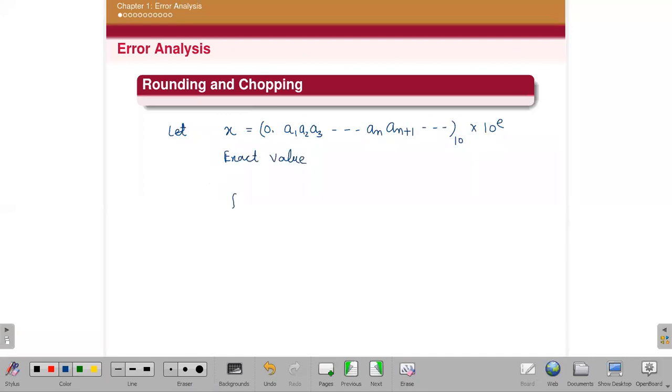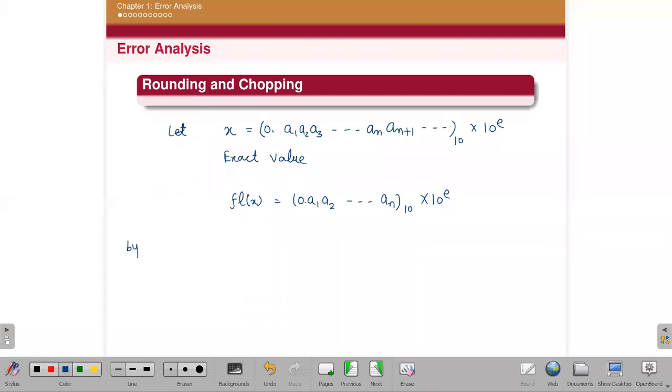Now if I write FL of x, it means writing this number as a finite sequence of digits, so it will be 0.a1 a2 up to an, taking n digits only, to the base 10 into 10 raised to power e. But now we have two ways to take these finite digits, either by rounding or chopping.